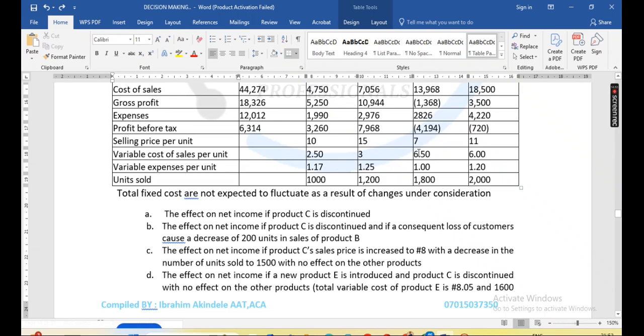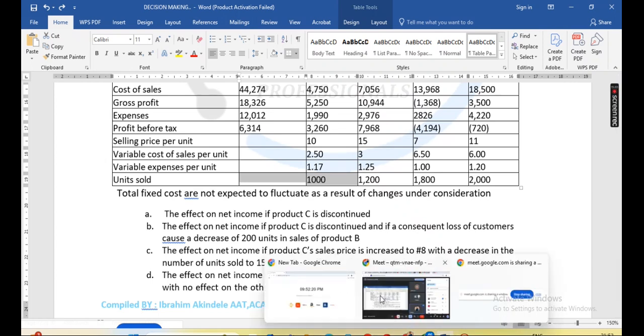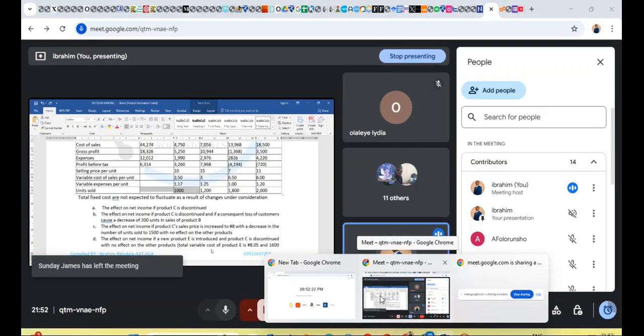Don't forget, I analyzed this for you when we were doing limiting factor: before you can make sales, definitely you have produced that unit.